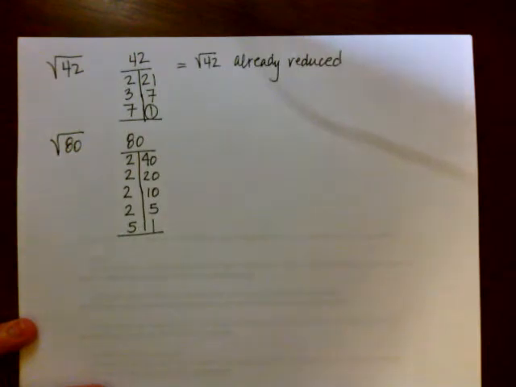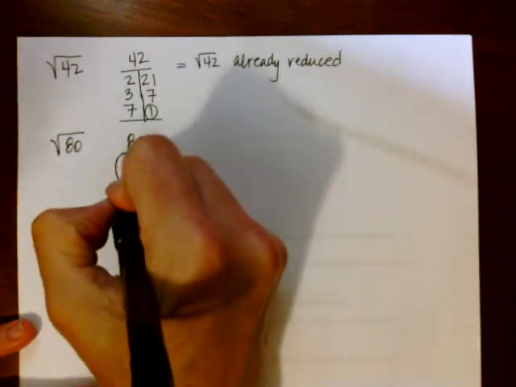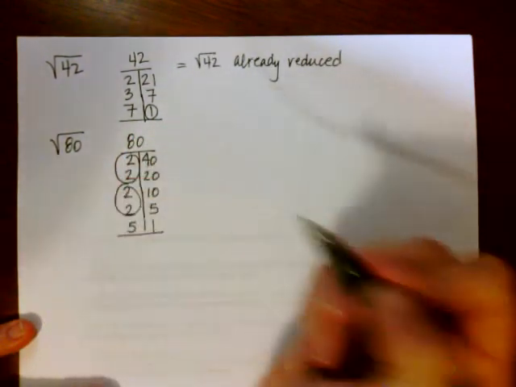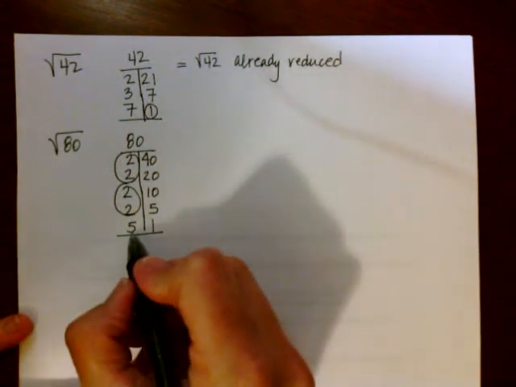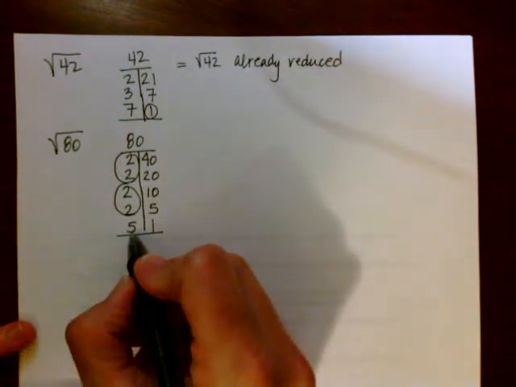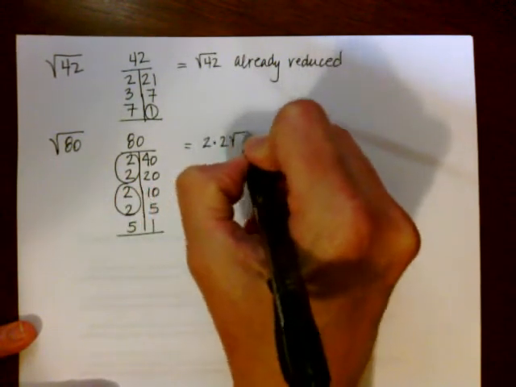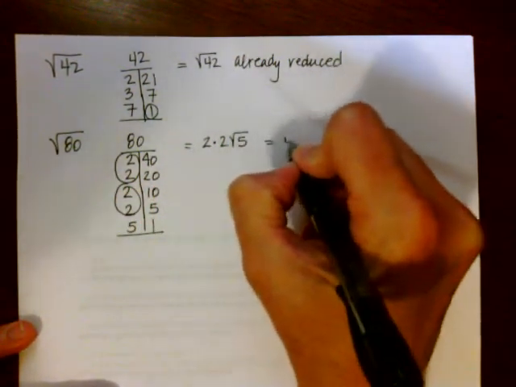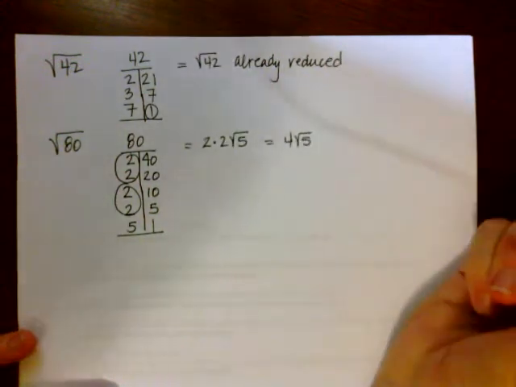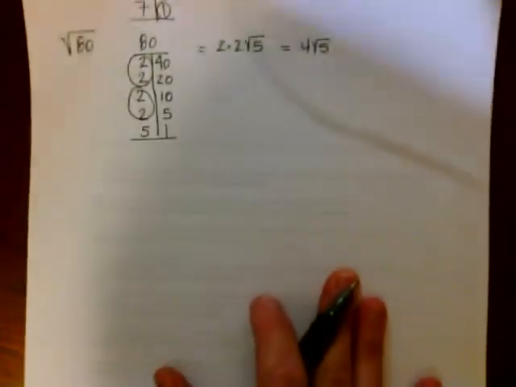So now I can stop. I have 2 sets of 2's. The 5 has no buddies, so he has to stay in the house. So this is 2 times 2 radical 5, which is 4 radical 5. So that's kind of a fun way to reduce a radical. When the numbers are bigger, it's a pretty quick and efficient way to reduce the radical.